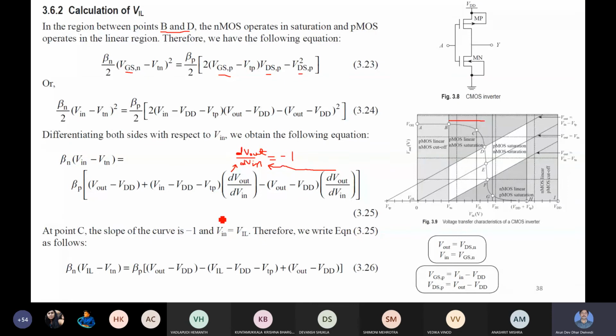Also we can substitute Vin. This substitution is possible only when Vin equals VIL.